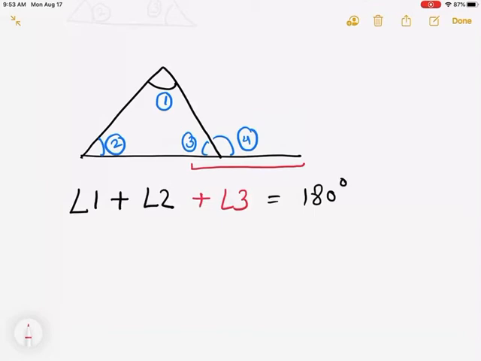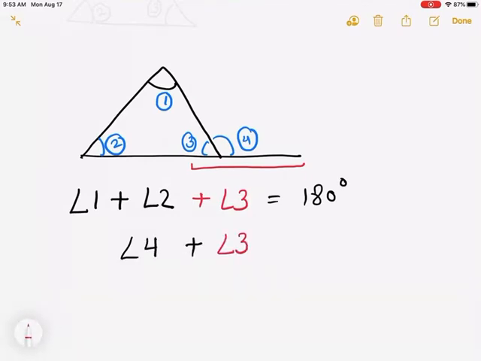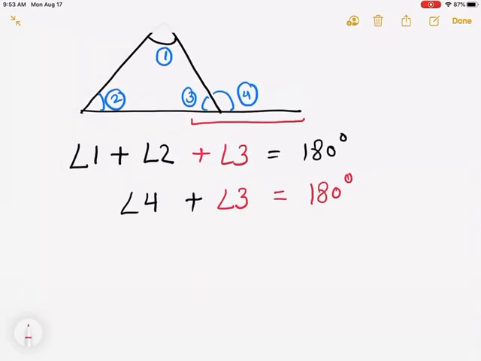So those 2 angles are supplementary. So if I say angle 4 added to angle 3, which is inside the triangle, isn't it that would also make 180 degrees if you add? Now try understanding the pattern. So what I see is, angle 3 is the same piece that goes into both equations that make 180 degrees, right?